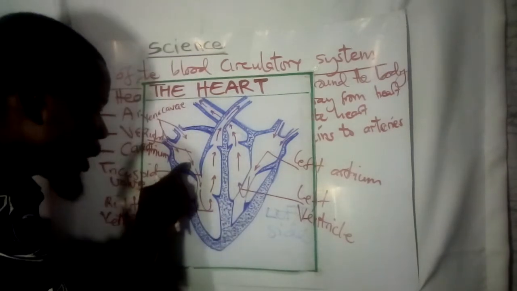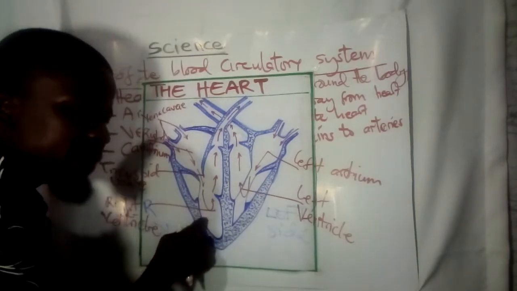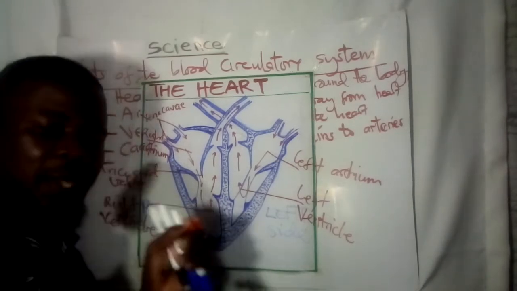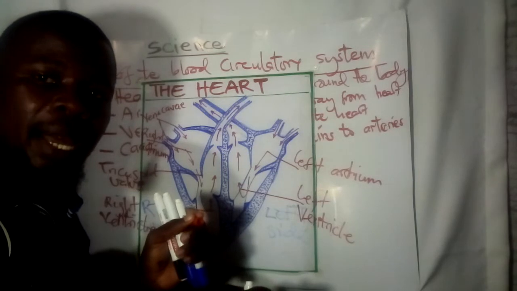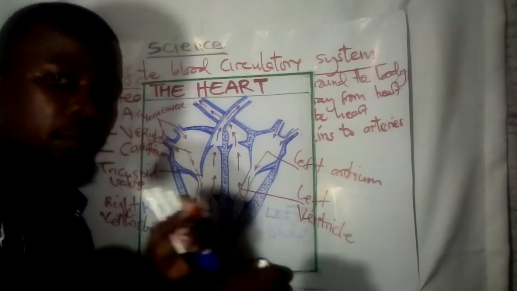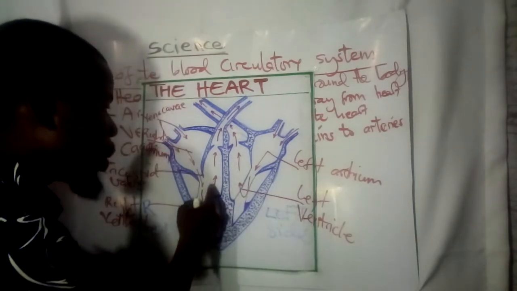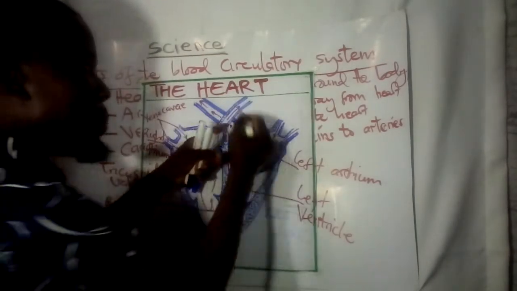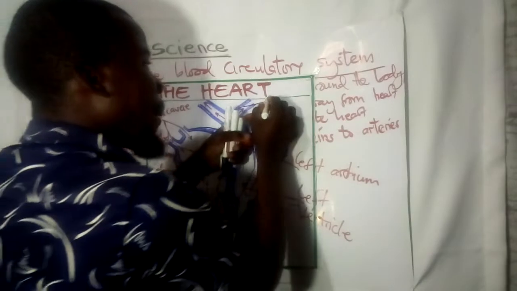So the blood comes into the right ventricle and the heart pumps the blood. So blood goes to the lungs through the pulmonary artery.